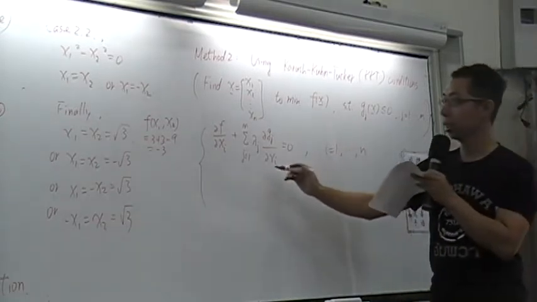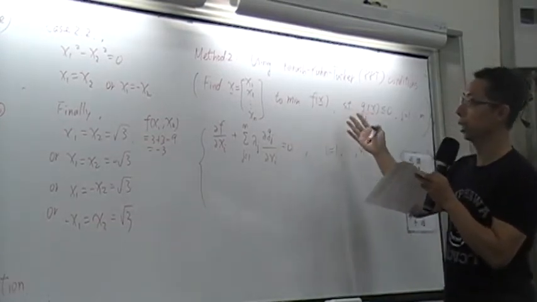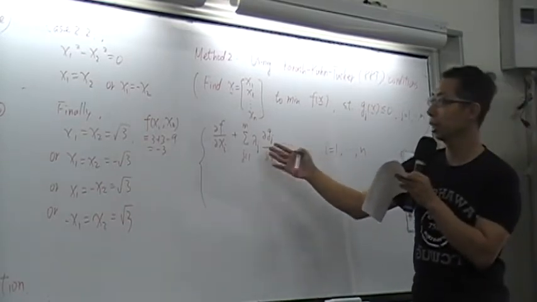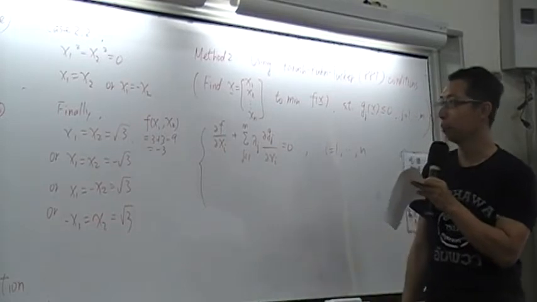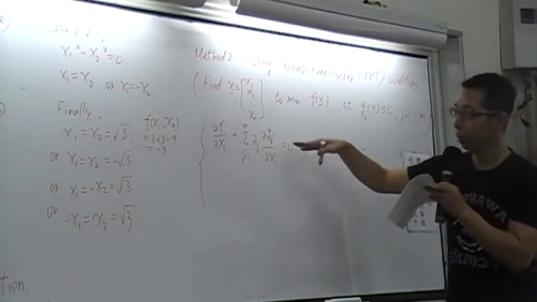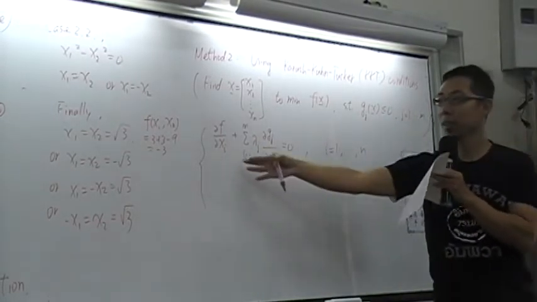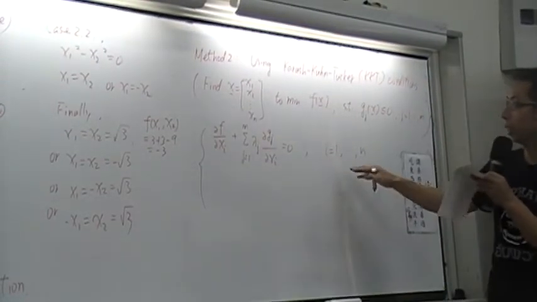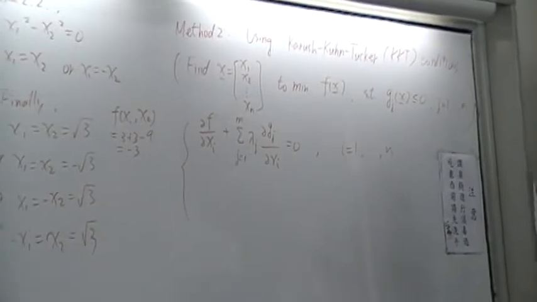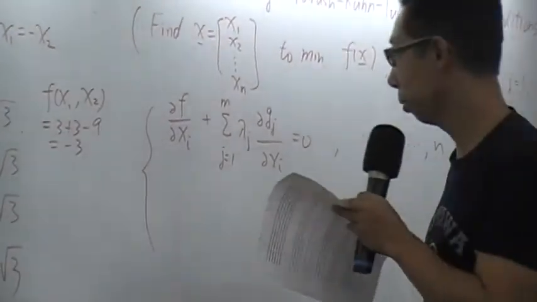Over here we have m constraints, so it's lambda j g j, the summation from 1 to m. But over here we totally have n equations because there are n variables for x. Okay, so that's the first part.